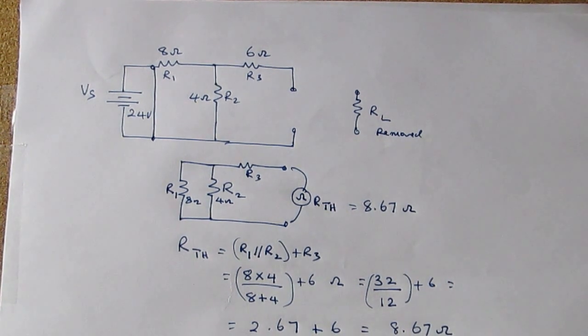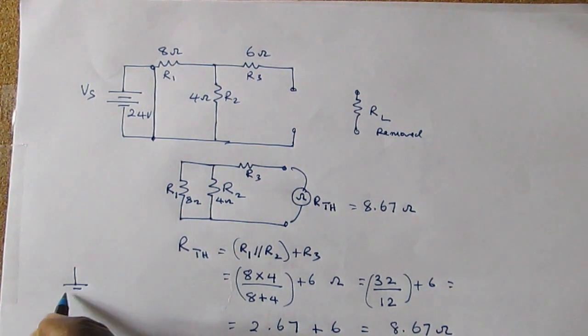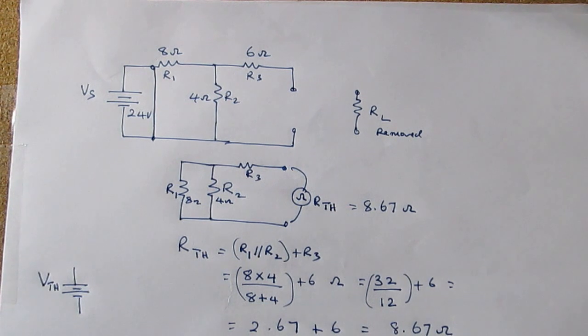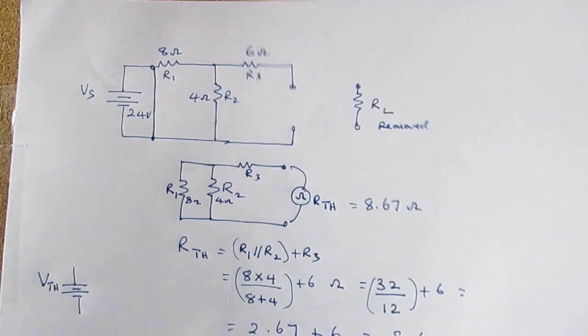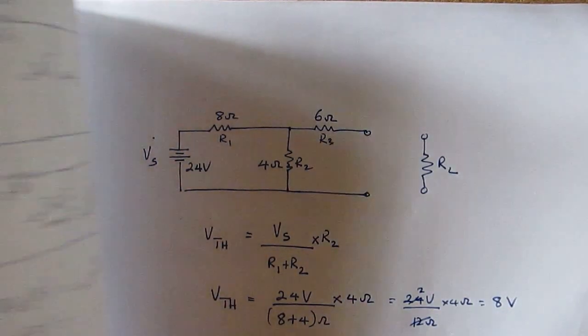Now, the final step in producing the Thevenin equivalent circuit is actually drawing the circuit with the values for the Thevenin voltage and the Thevenin resistance noted on the circuit. So we draw the Thevenin equivalent circuit. We draw like this, and we say now this is V Thevenin, and in this case the V Thevenin, remember previously we got the V Thevenin to be 8 volts, right?